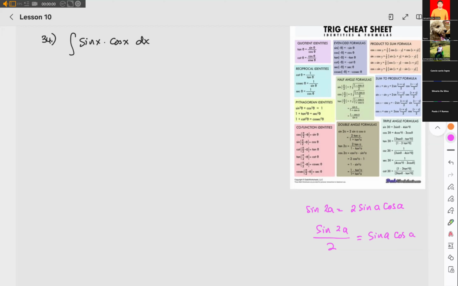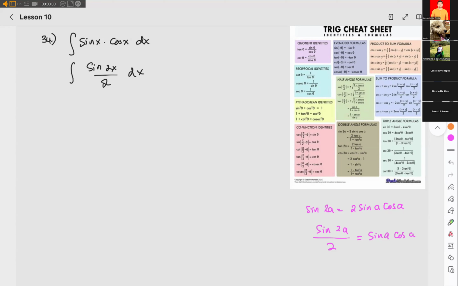So now that you know this trigonometric identity, instead of writing sine a cosine of a, I'm going to rewrite this function as the integral of sine of 2x over 2 dx. I'm just going to rewrite it like this.